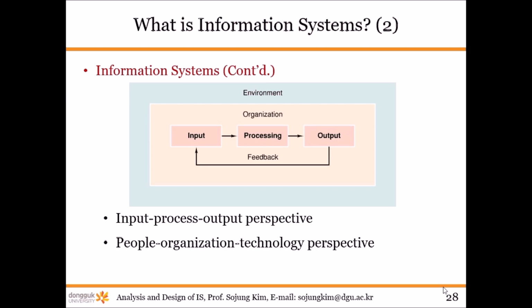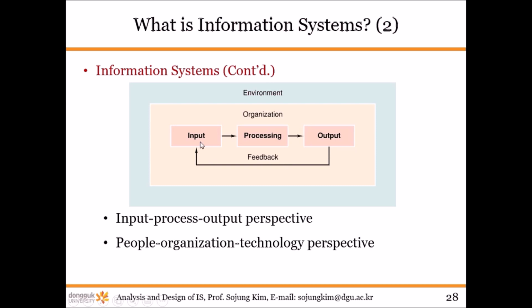So it has an environment, and also there is an organization, and in the organization we have three major components: input, processing, output, right? And then we have a feedback loop here. Once you get the output, if the output is not satisfactory, then definitely you need to modify or update something, right?